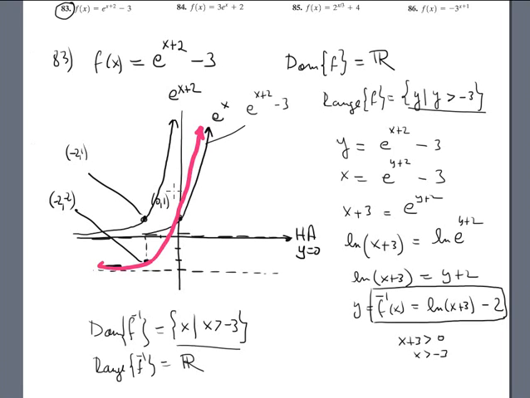Okay, let me try to do the graph approximately. This is the asymptote, the horizontal asymptote was y equals minus 3. We have one vertical asymptote at x equals minus 3 here.